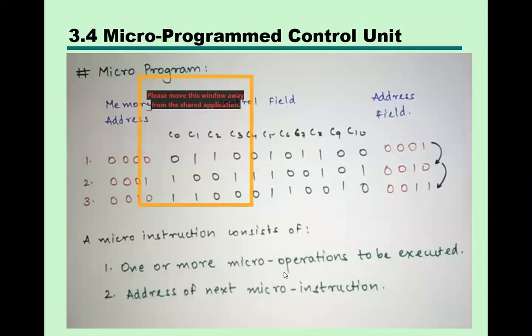One or more micro operations to be executed, and the second one is the address of the next micro instruction. So here you will find the address of the next instruction and the micro operations that are to be executed.